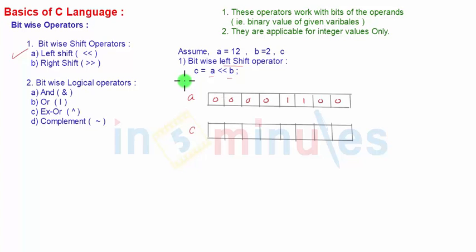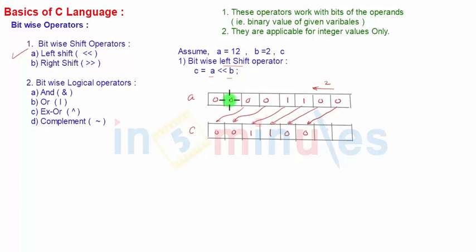The pattern after shifting the bits of A will be stored into C. So after shifting, this will be shifted twice to the left. This 0 will be placed over here, this 0 over here, then 1, then 1, then 0, and then this 0.